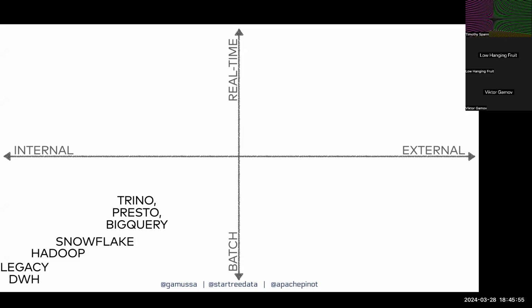BigQuery and Snowflake are modern data warehouse systems for the modern world. But again, you're not using this data to build applications, to expose this data to the outside world. So for internal and real-time data, any type of time series database: Datadog, Grafana, Prometheus, whatever.